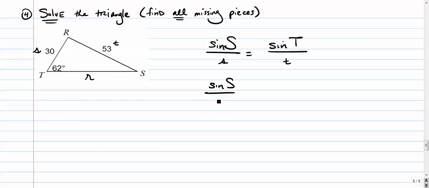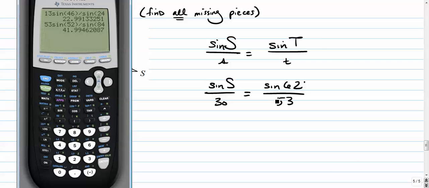So here we go. Little s is 30. The sine of capital T is 62. Lowercase t is 53. All right, we're going to hit this all at the same time in our calculators here. So we're going to go inverse sine of 30 sine 62 close parentheses divided by 53.